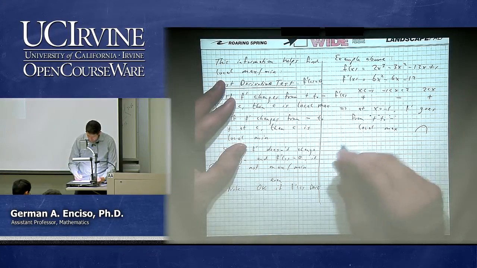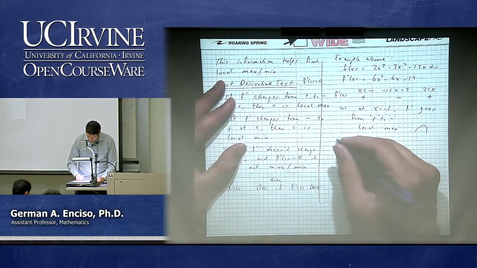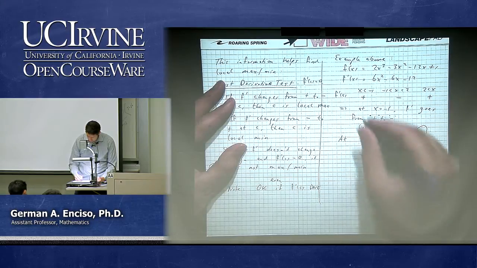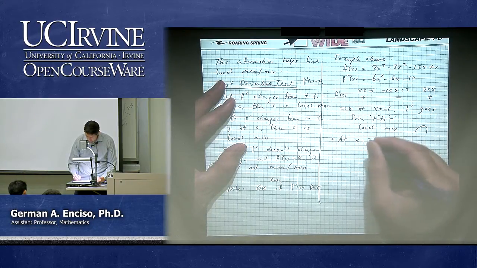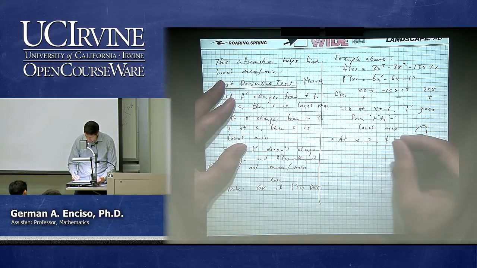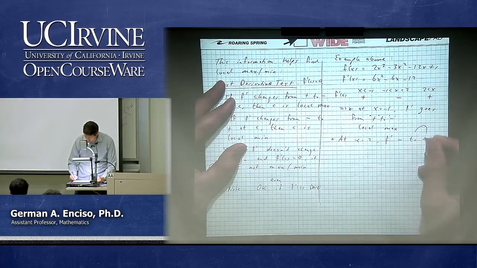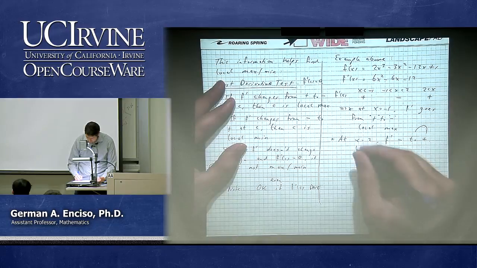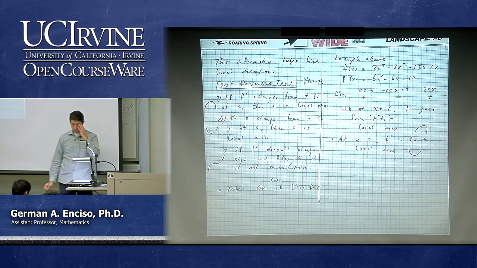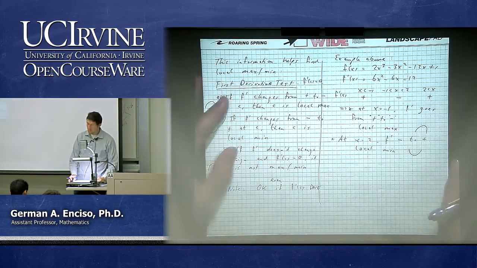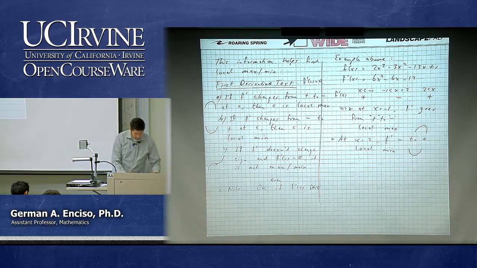At x equals 2, f prime goes from negative to positive. It's a local minimum.